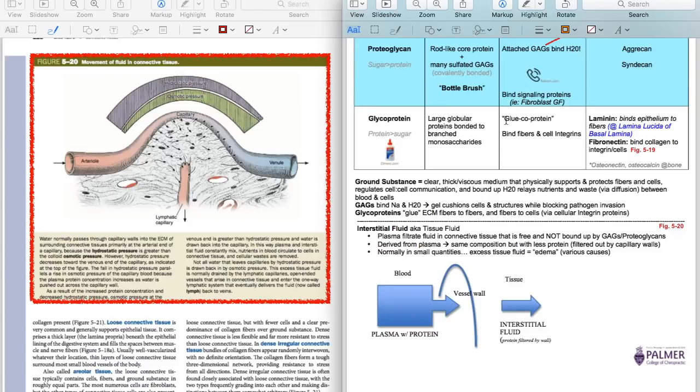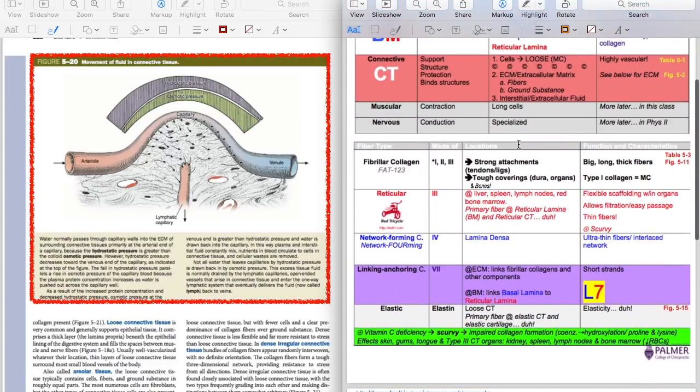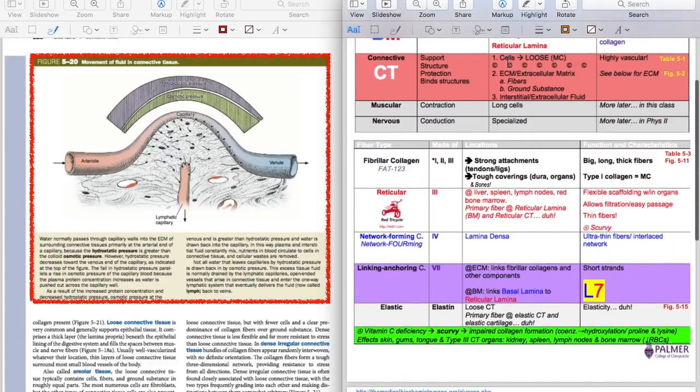So lastly, interstitial fluid is the third component of connective tissue. Let's look at it again in red here. Cells, ECM, and interstitial fluid. If you get a question that says, what are the three main components of connective tissue? Then it's cells, extracellular matrix, and fluid. But if the question is, what are the components of extracellular matrix?